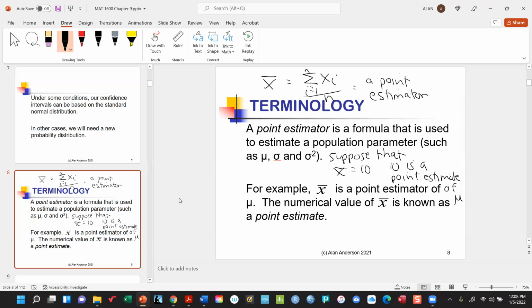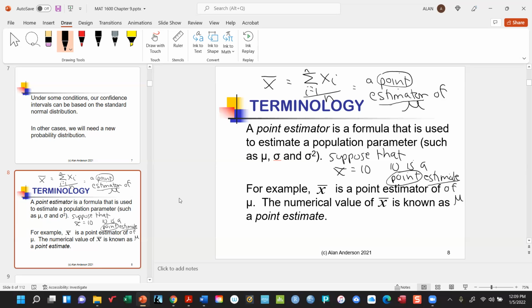So in other words, the word point means a single value, and the word estimator refers to the formula for X bar, whereas estimate is the actual value of X bar. Again, I won't ask about this on the test, but it's good to know what these terms actually mean.